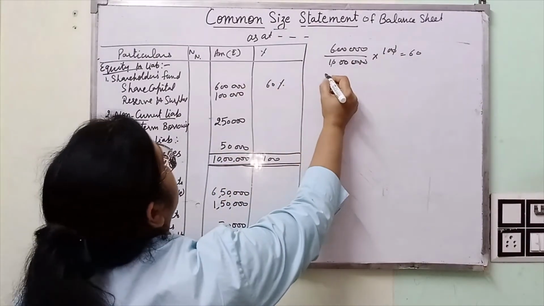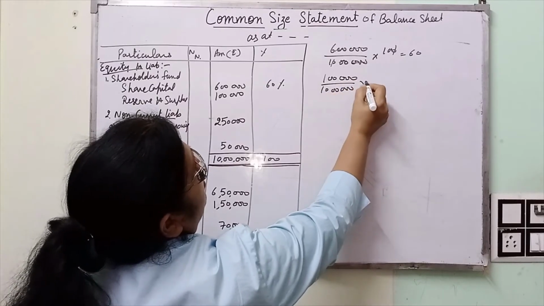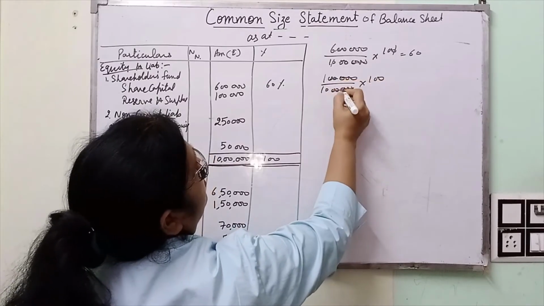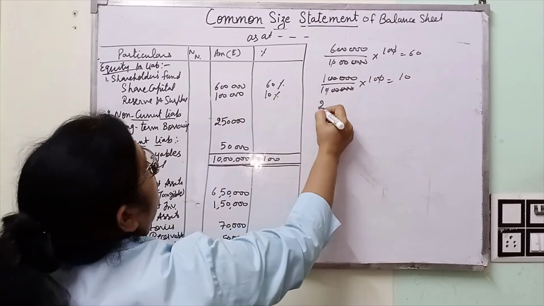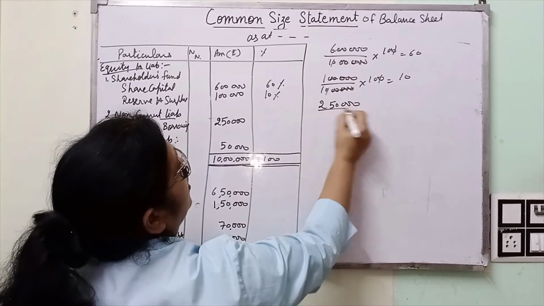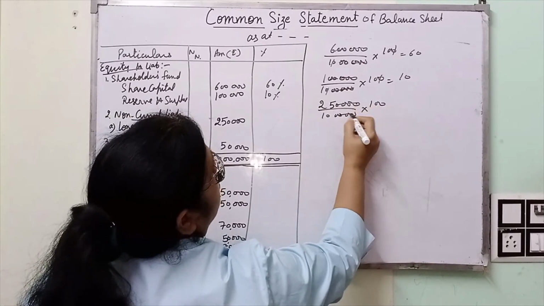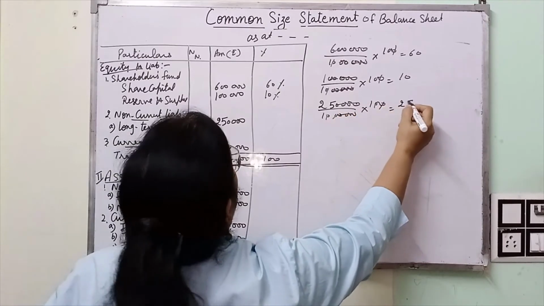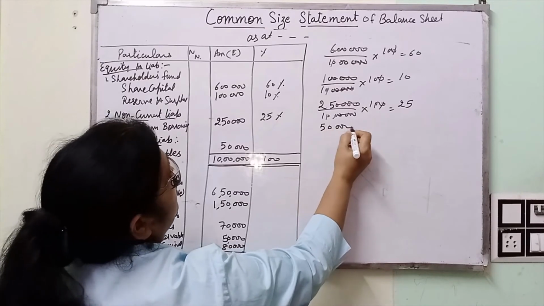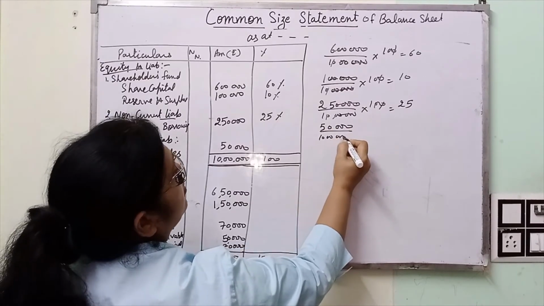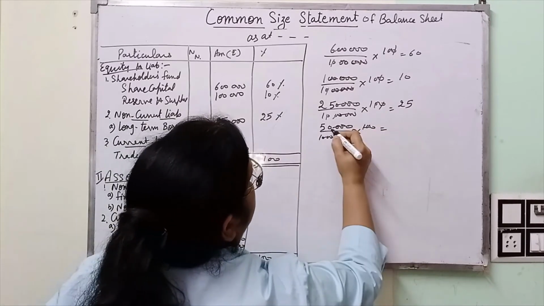Next, for reserve and surplus, 1 lakh upon 10 lakh multiplied by 100, 10%. 2,50,000 upon 10 lakh multiplied by 100, 25%. 50,000 upon 10 lakh multiplied by 100, 5%.